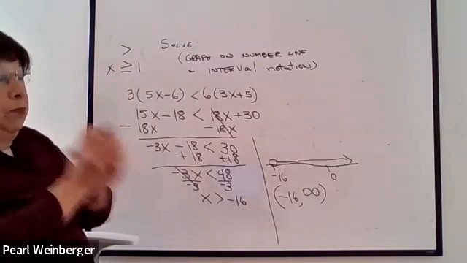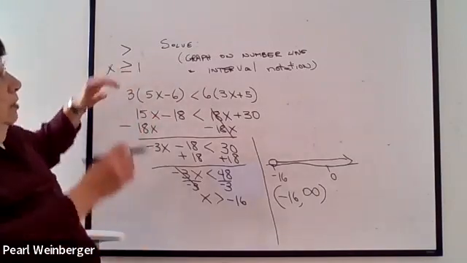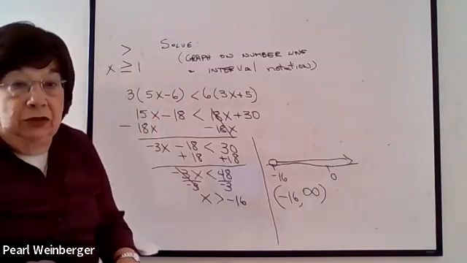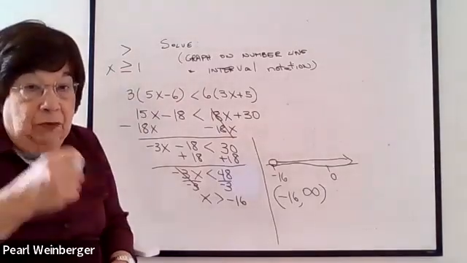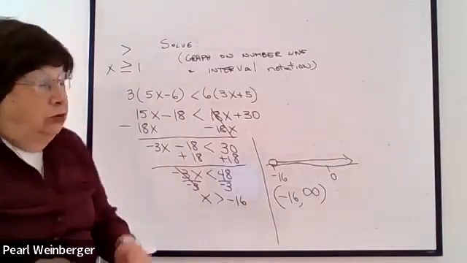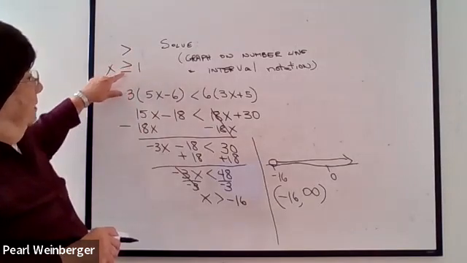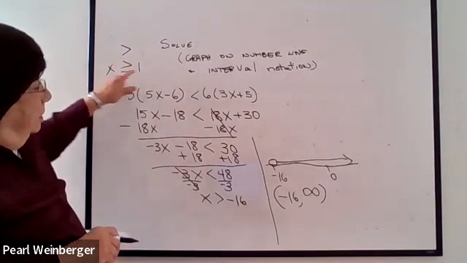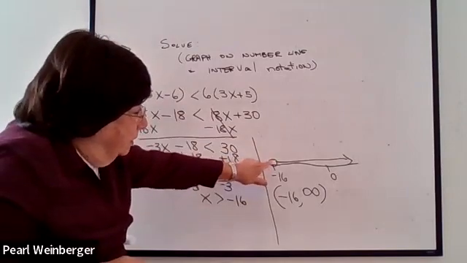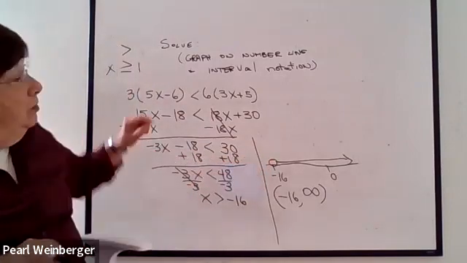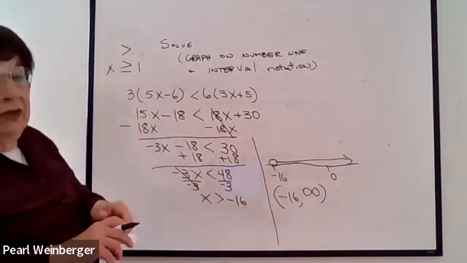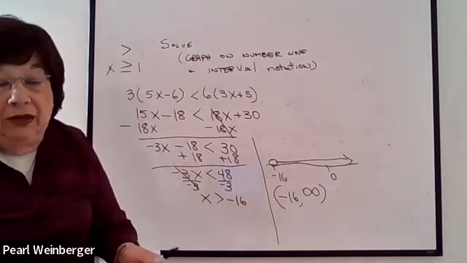So 1 or bigger works. So that's where we do the filled-in circle to indicate that that point is included. Keep it in mind: when there's a little extra line here, you need a filled-in circle to show that it's included.